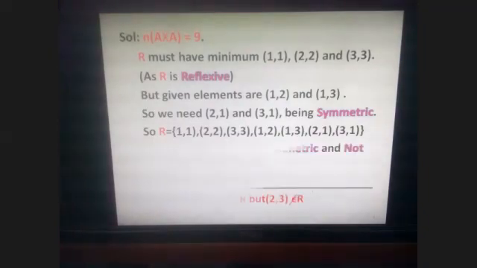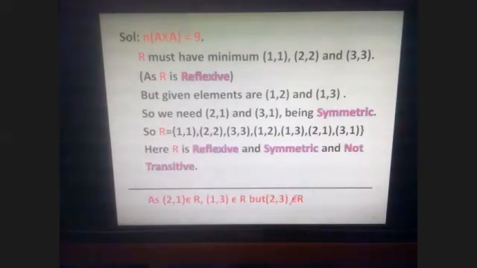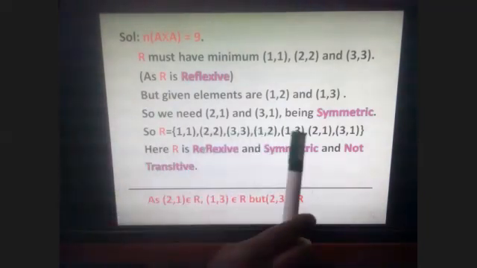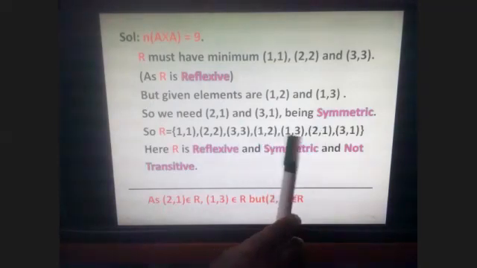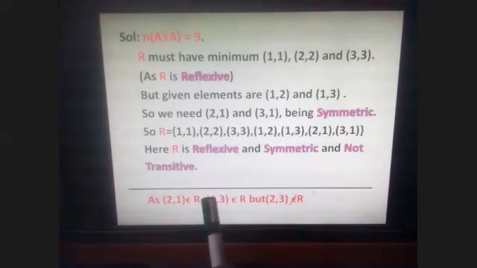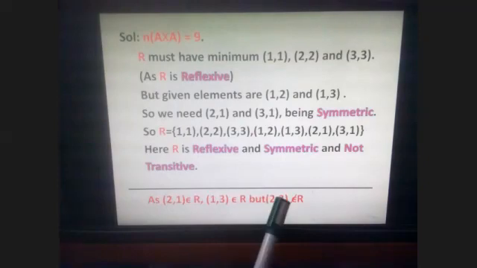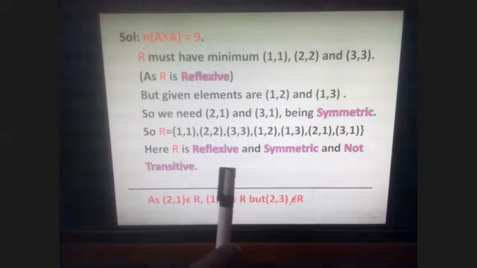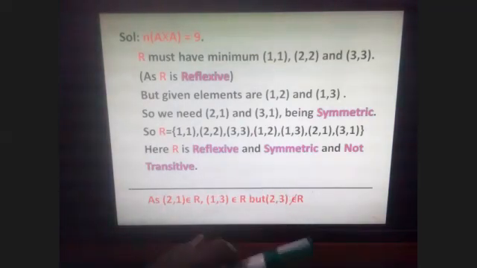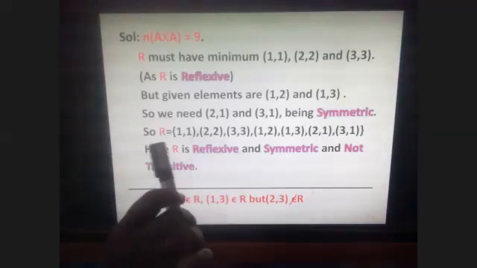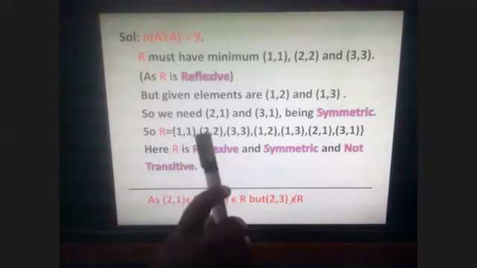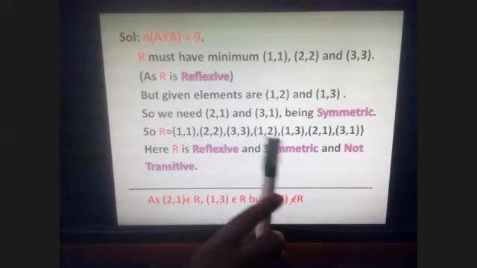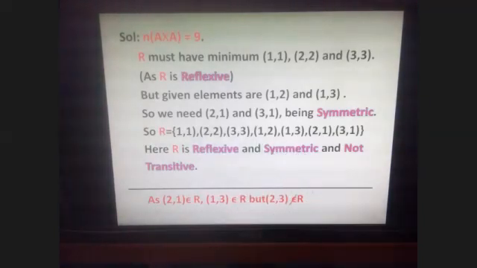No. R is reflexive and symmetric, but not transitive. Why not transitive? There is (2, 1) and there is (1, 3), but (2, 3) is not there. It is not transitive. So among our kitty, we need how many such possibilities? We have selected one: (1, 1), (2, 2), (3, 3), (1, 2), (2, 1), (1, 3), (3, 1). It is reflexive, symmetric, but not transitive. Now let us take another one.